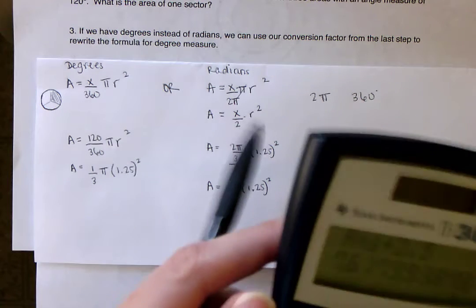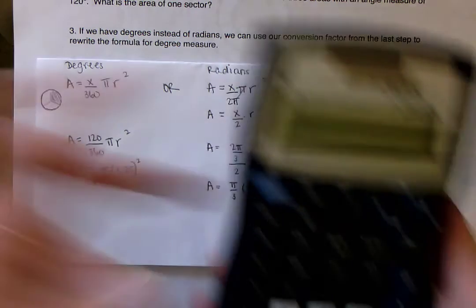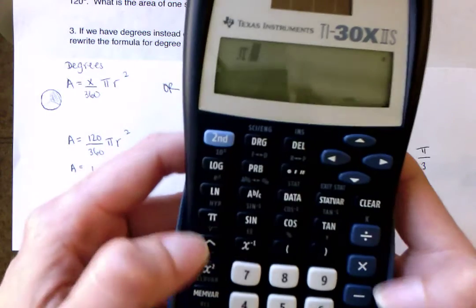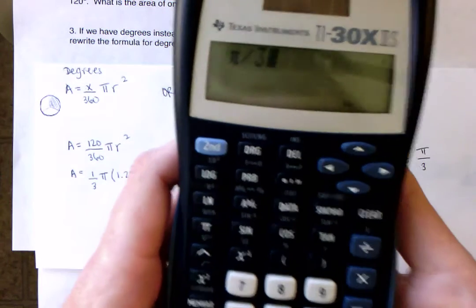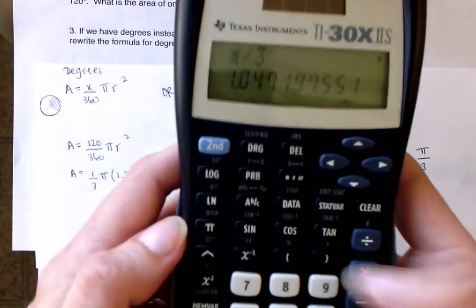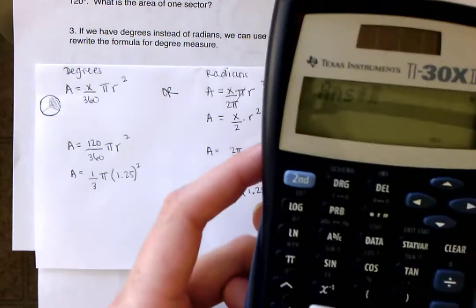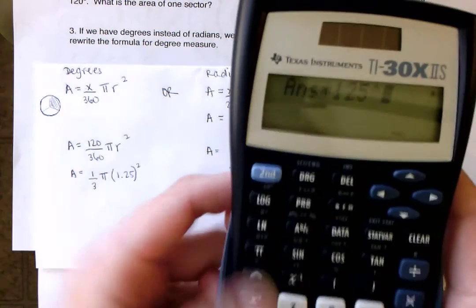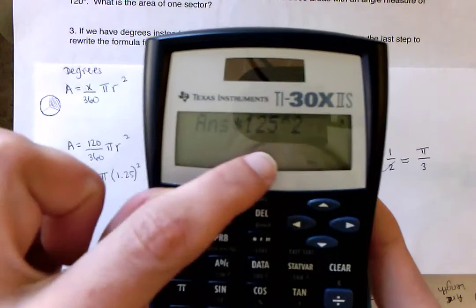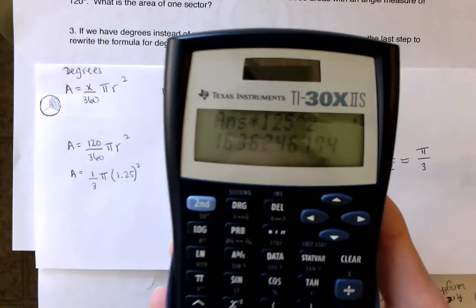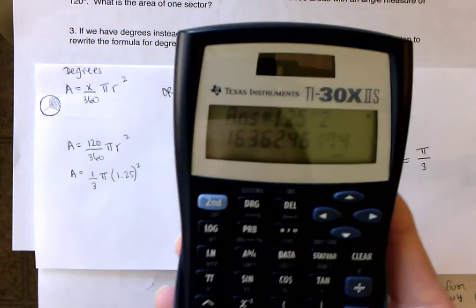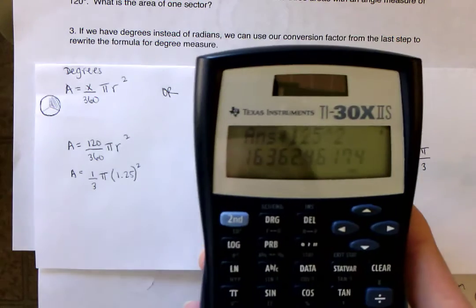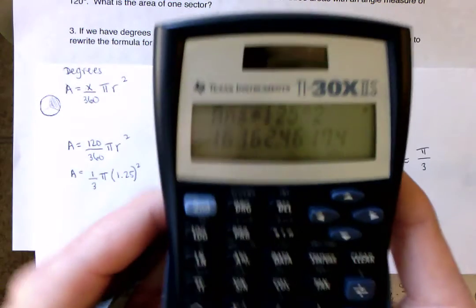So if I put it in on mine, I'm going to do pi divided by 3, and then I'm going to do times 1.25 squared. And it'll square that first before it does anything else. Let me try that again.